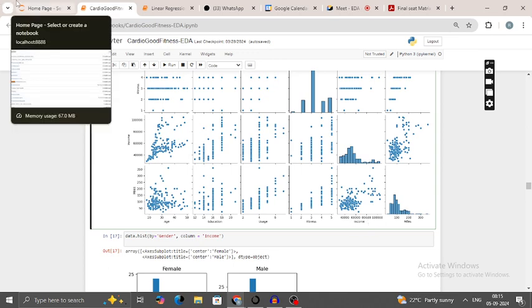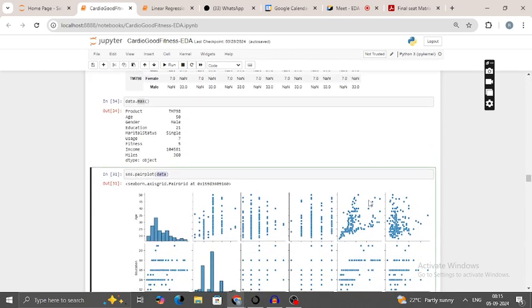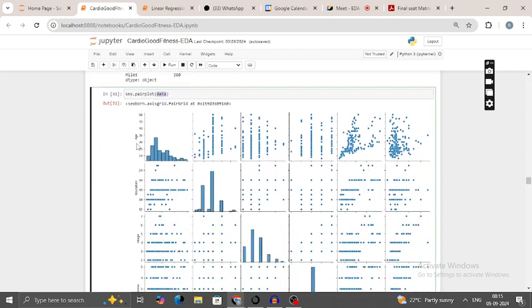You observe the trend here: income and the topmost column, age. There is a positive trend, it is going in this direction. As your age increases, your income generally increases, correct? So look at this positive trend.